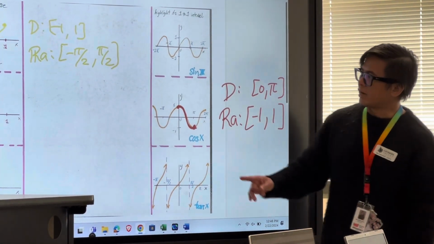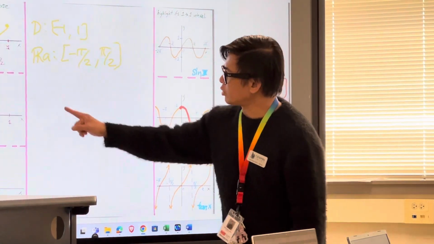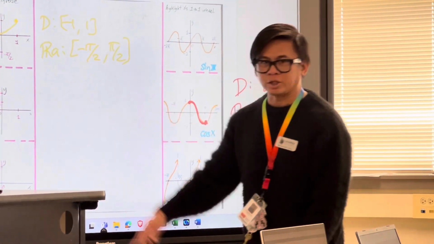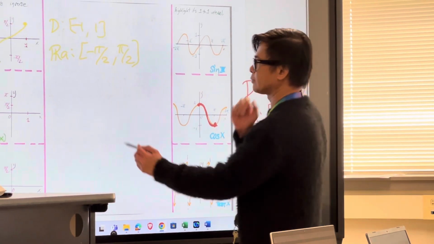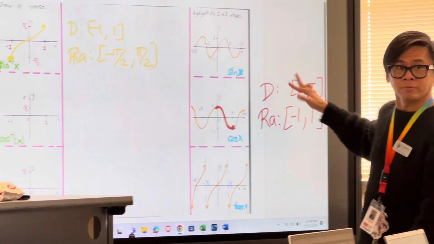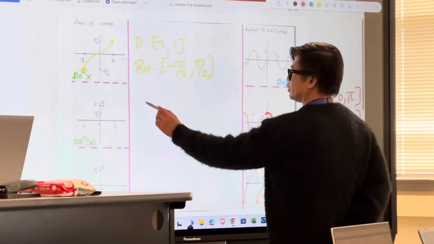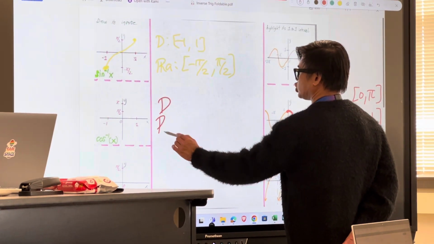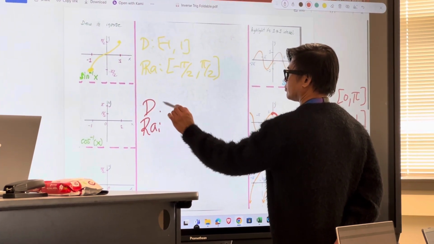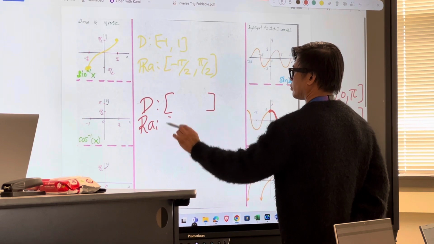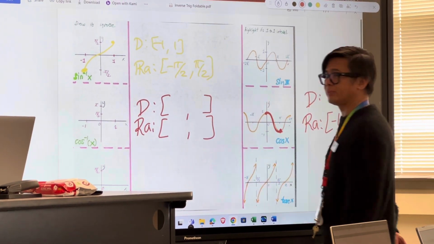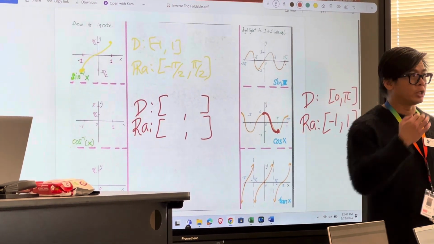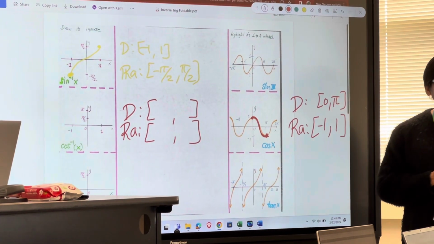Now with that being said, what do you think will be the domain and the range of the cosine inverse? You're going to flip them, right? I'm using interval notation, but again, you can write it in inequality notation as well if you want to.